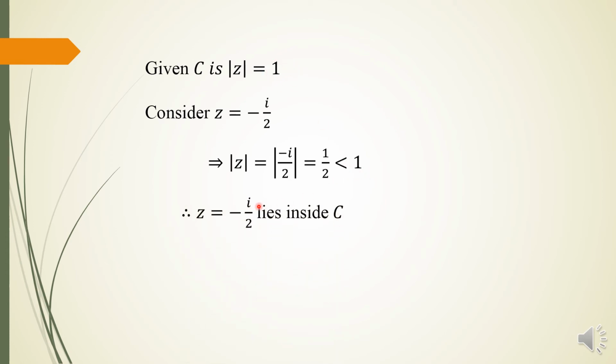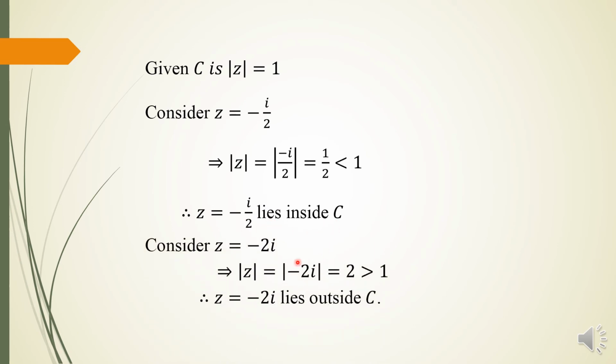So we say that the point minus i by 2 lies inside the curve C. Now consider the next pole z equal to minus 2i. Mod z equals modulus of minus 2i, which is 2. Comparing this with the right side 1, it is greater than 1. So we say that the pole z equal to minus 2i lies outside C.